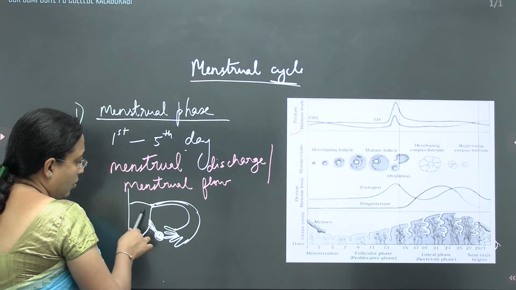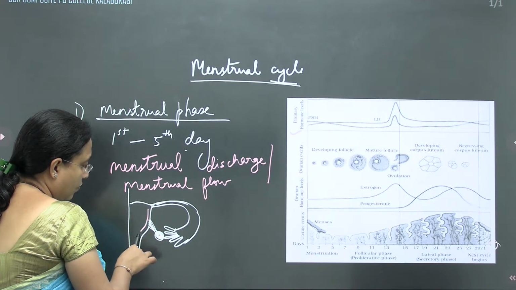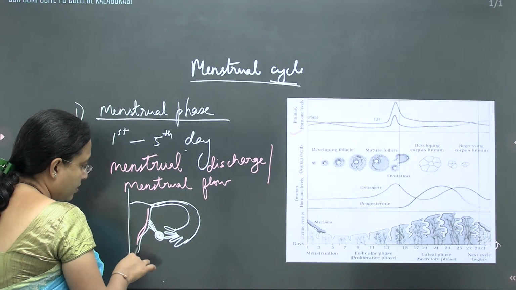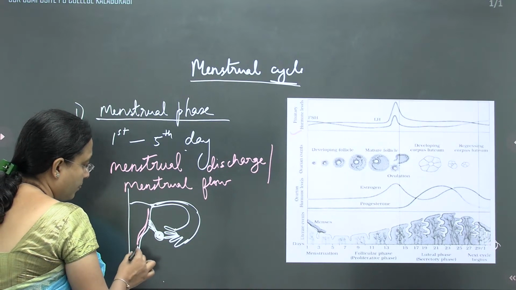Here is the uterus or womb, this is the cervix and this is the vagina.